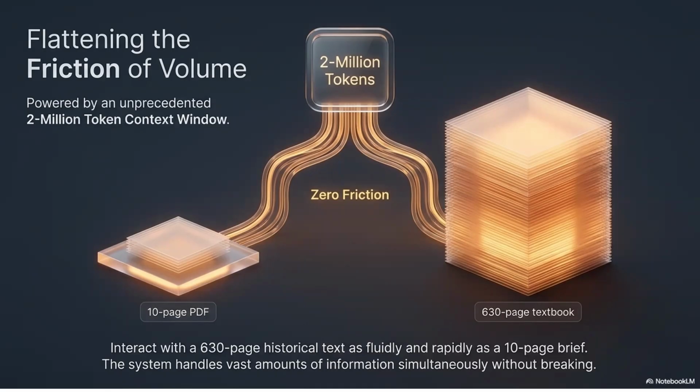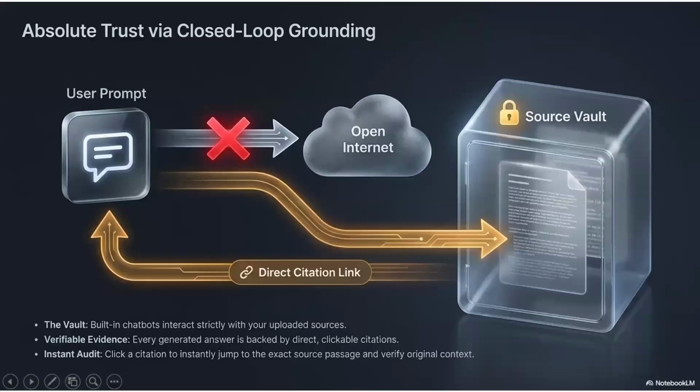Okay. So absolute trust via closed loop grounding. Here, as I told you, now we have one source vault where we have uploaded all the information. As you see the direction of the orange arrow, we can see that the source vault is interacting only with the user prompt, and the user prompt is only taking information from the source vault.